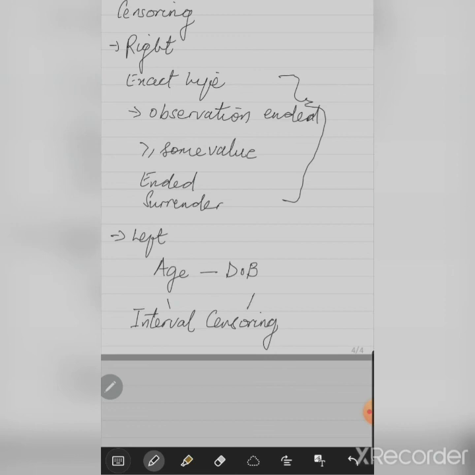So we are only saying that whatever investigation we have done, it is falling in a particular interval, but we don't know the exact date of birth or even the date of death. So it's only a period.